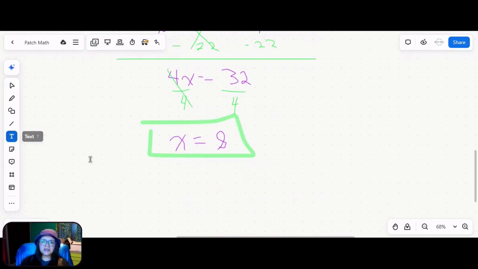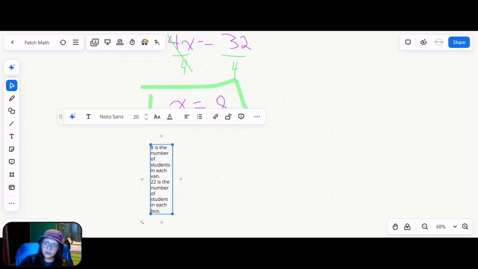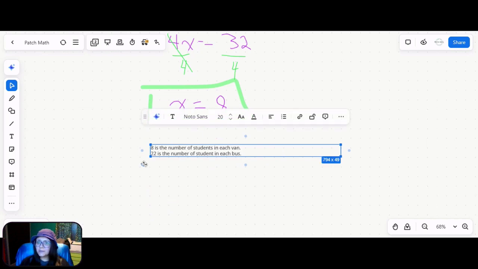So 8 is the number of students in each van. And we let y equal the number of students in each bus, and y was equal to 22 here. So 22 is the number of students in each bus. And that is our solution.